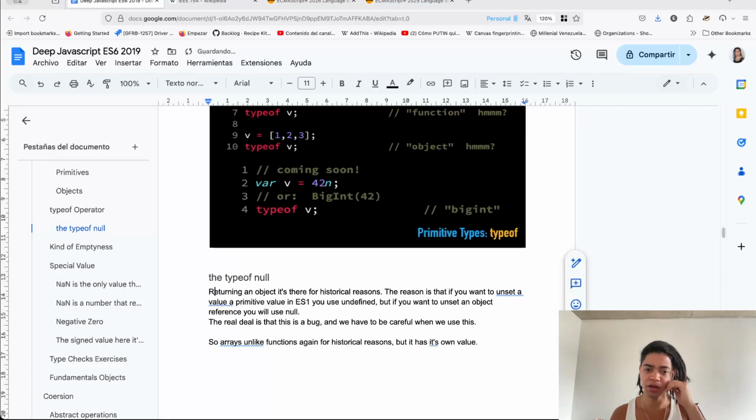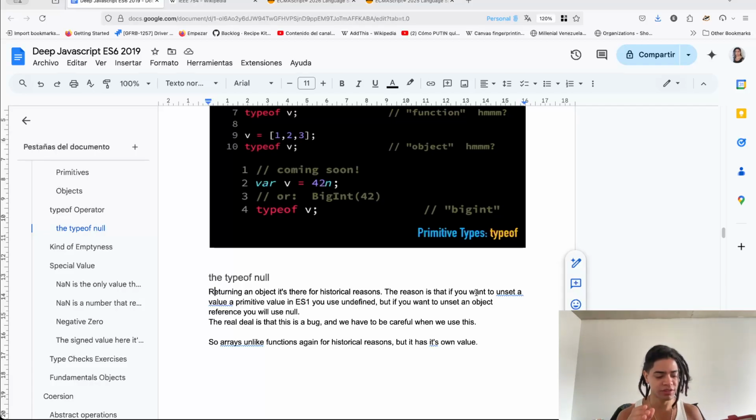So returning an object is there for historical reasons, and the reason is that if you want to unset a primitive value in ES6, in other words, it's like, hey, I want to ditch the value that I hold here. Whatever I say, hey, this is a number, right? But now I don't want this to be a number anymore. I want to unset that. So if you unset a primitive value, you use undefined.